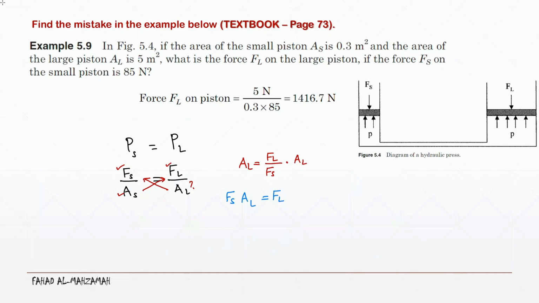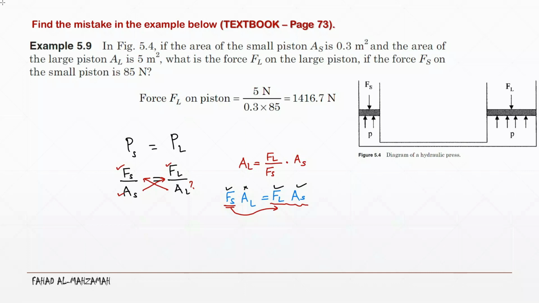Now what you know: you know this value, and this value, and this value, and you don't know this one. So this FS will be here as the denominator. So at the end you will get FL over FS multiplied by AS, sorry, here I should write AS.